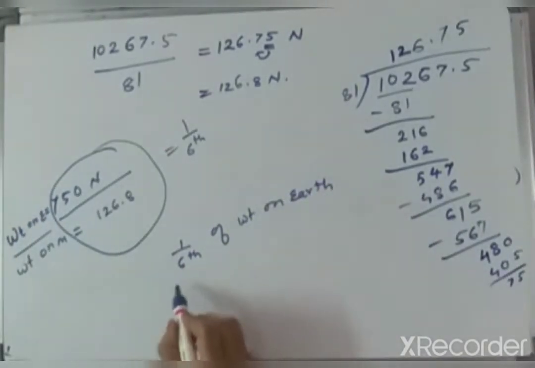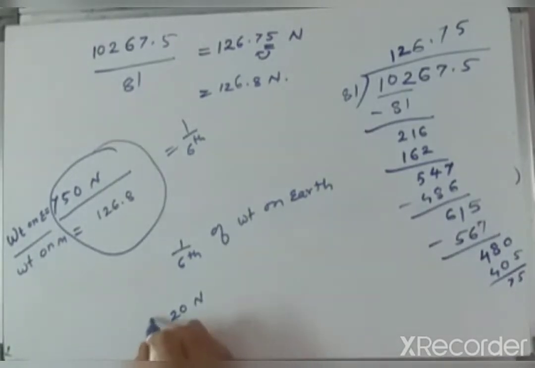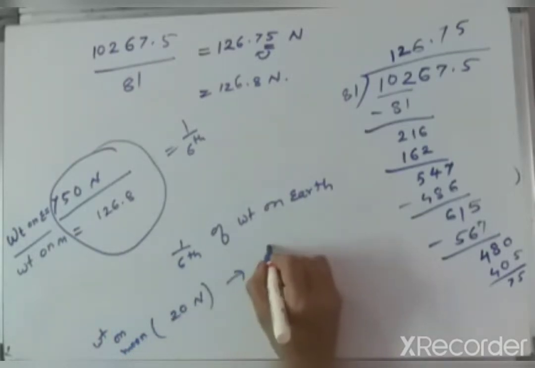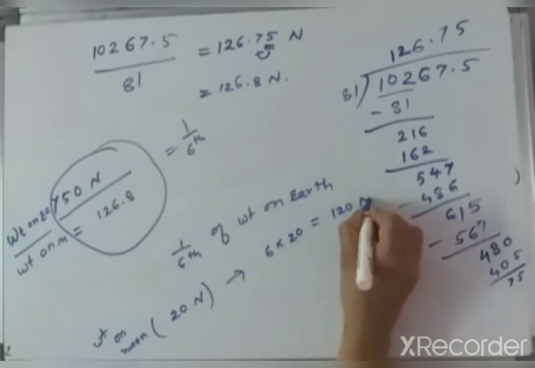Means if suppose the weight of any object is 20 newtons on moon, then it will be 6 times of 20, that is 120 newtons on earth.